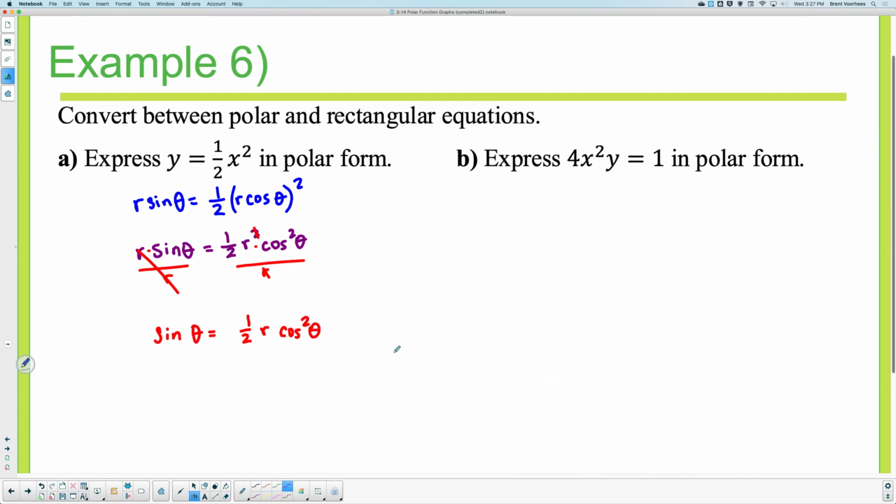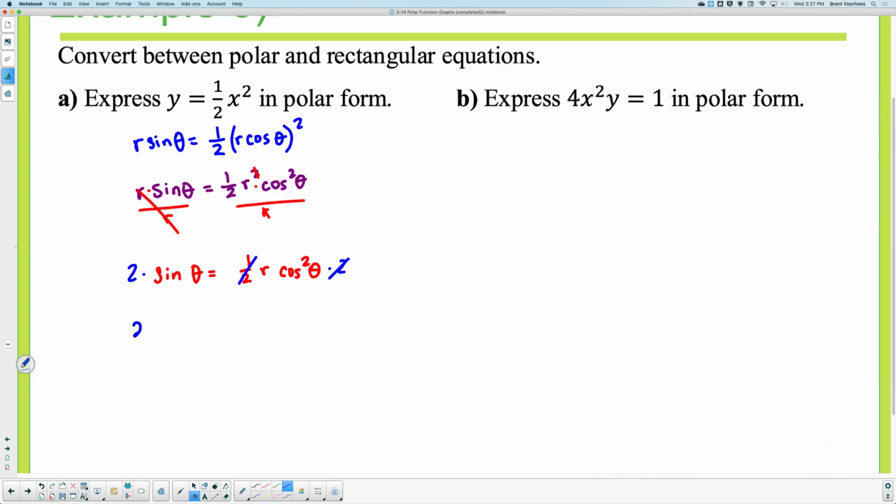What I could do is multiply both sides by 2. That gets rid of the 1/2. So 2 sine theta equals r cosine squared theta. And finally, you would divide by your cosine squared.